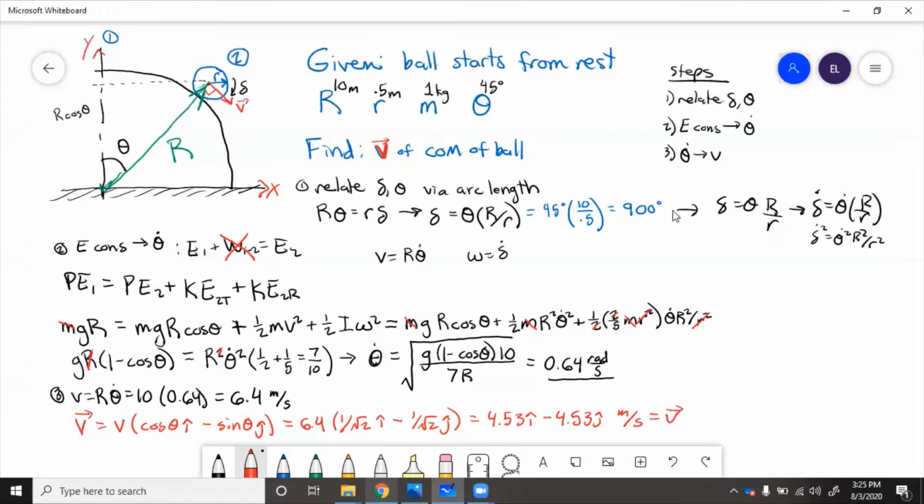That is the linear velocity of the center of mass of the ball.